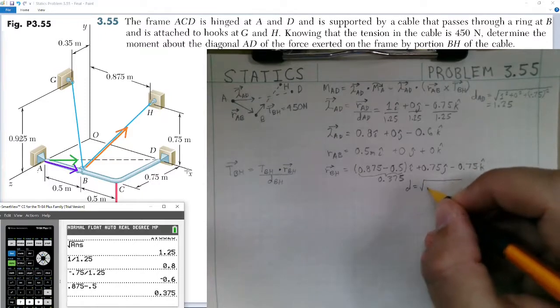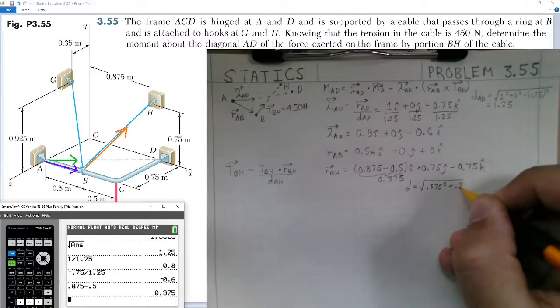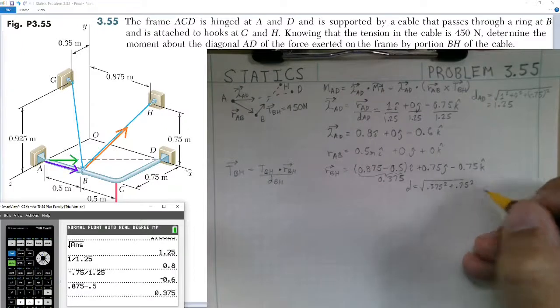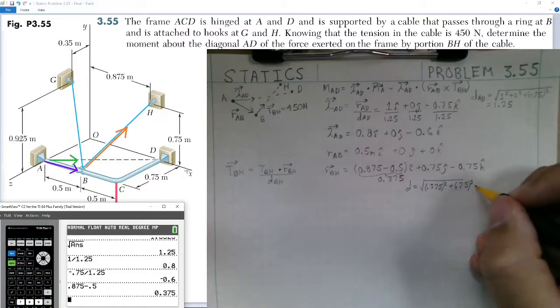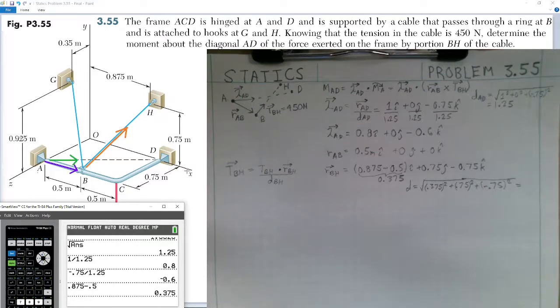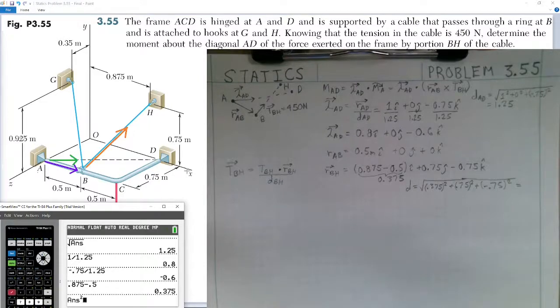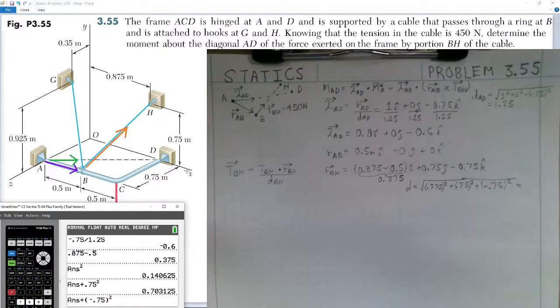So the square root of 0.375 squared plus 0.75 squared plus, in parentheses, negative 0.75 squared.